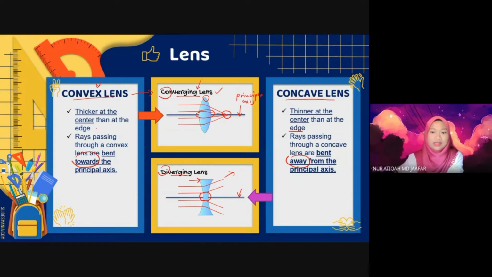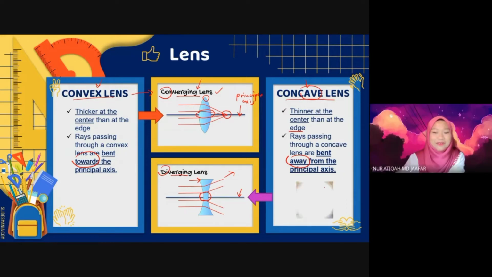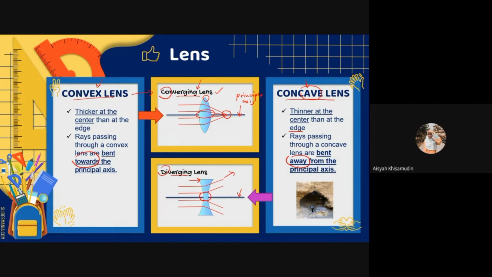You have to remember both, but if you want to remember just one, you can remember this. Why? Because can you see the word concave? Can you see the word cave? Have you ever been to a cave?